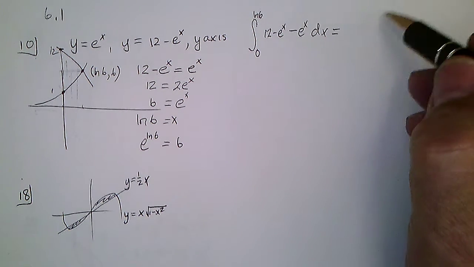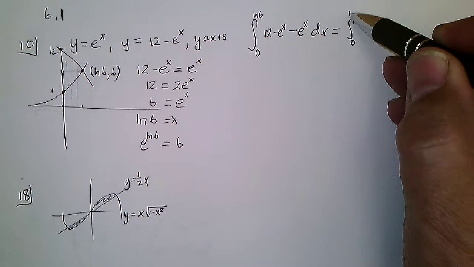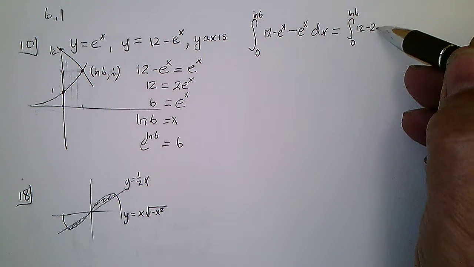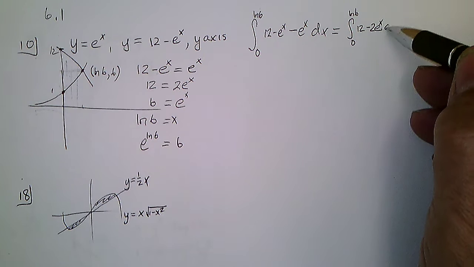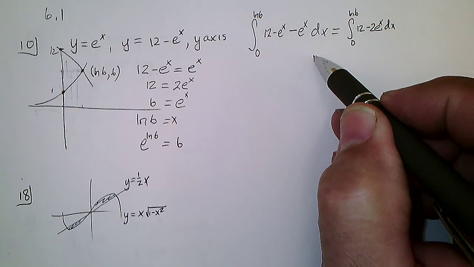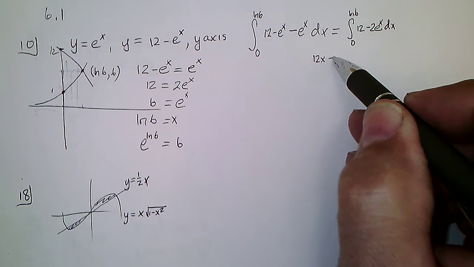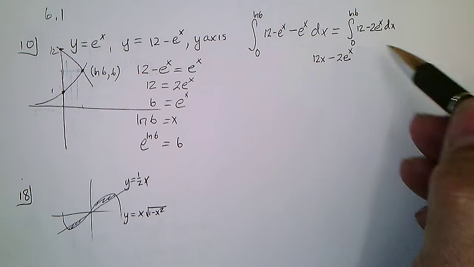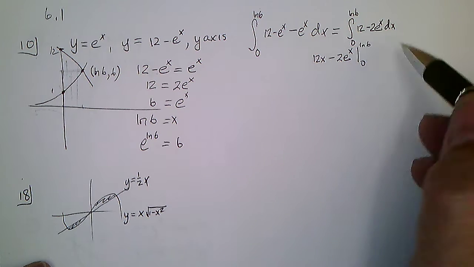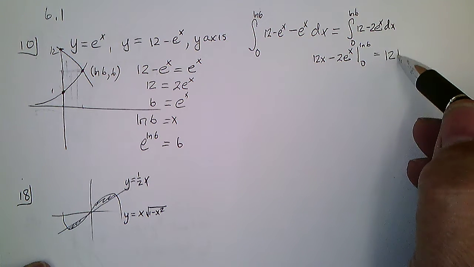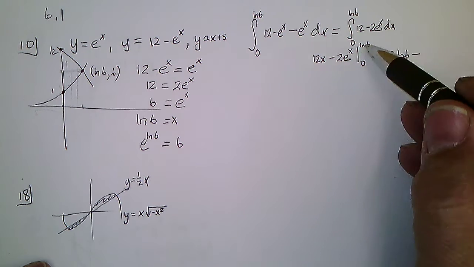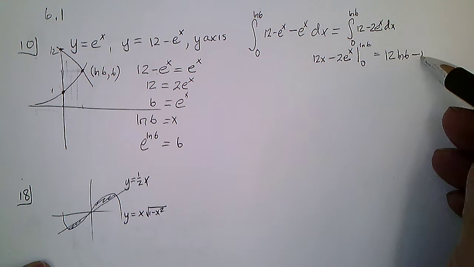This would be the integral from 0 to ln 6 of 12 minus 2e to the x dx, which would be 12x minus 2e to the x, evaluated from 0 to ln 6, which would be 12 ln 6 minus, ln 6 in here is 6 times 2, is minus 12.